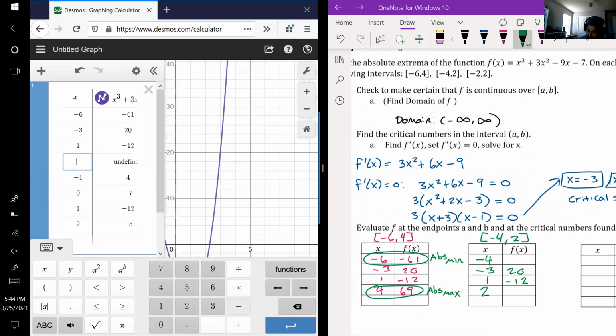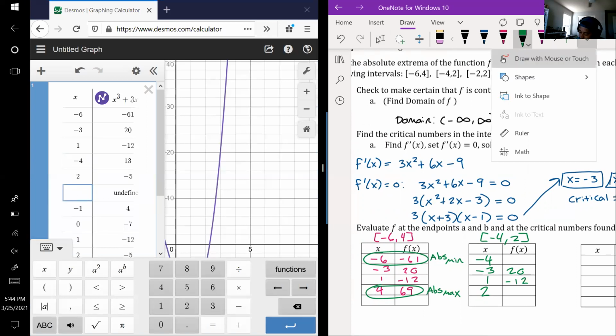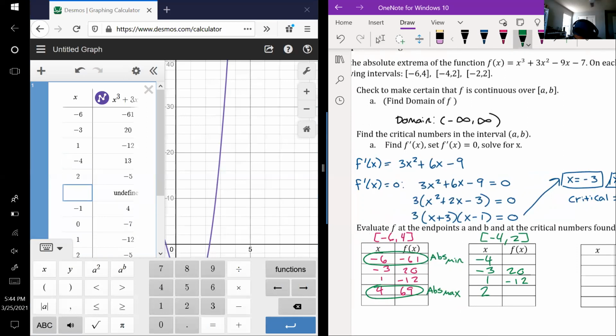So I'll type that over here in Desmos, -4 and 2. I get 13 and -5. Okay.